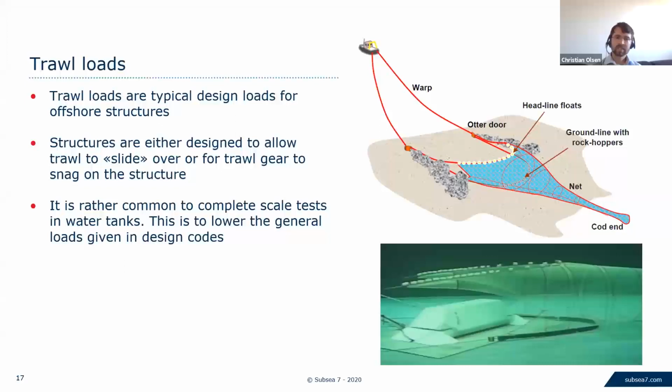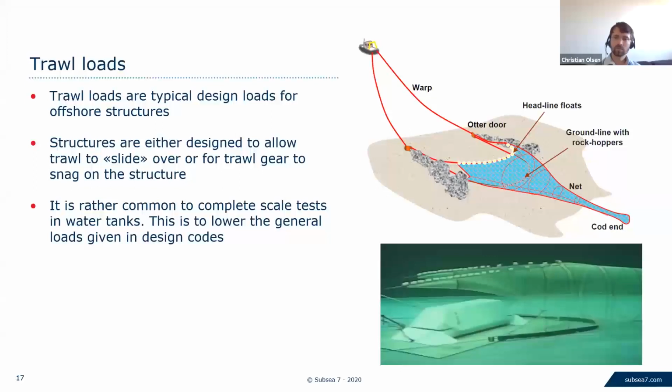So often it's recommended to complete laboratory tests of these structures. There's an example here of a fishing net that's hitting a structure. As you can see, the fishing net is actually quite large, and it will give a very large force on the structure.